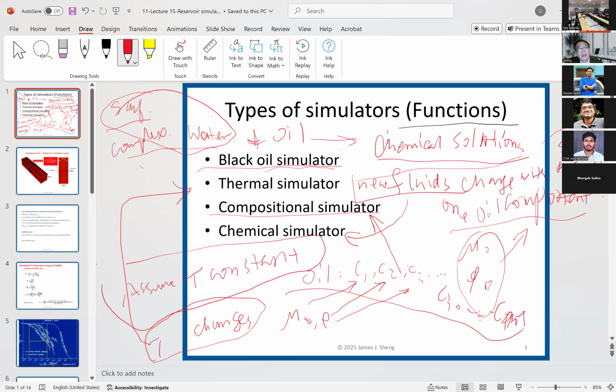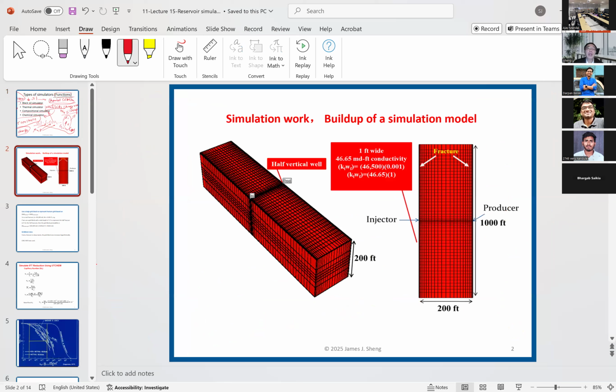Okay, so now you understand that based on different functions, we have four types of simulators. Now, let's use the example here. You saw this slide earlier. These slides explain what kind of model I used to simulate.